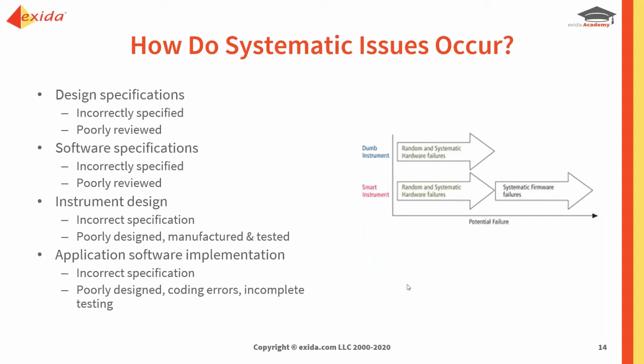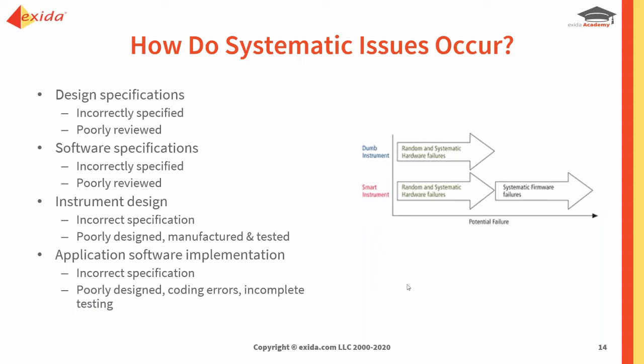The instrument design itself, again, if you don't understand that you've got a harsh environment in terms of what's flowing through the pipes, so the valves need to have a certain material used because what's going through the pipe is highly corrosive, and we don't specify the correct valves with the right materials, then guess what? The valves are going to deteriorate pretty rapidly.